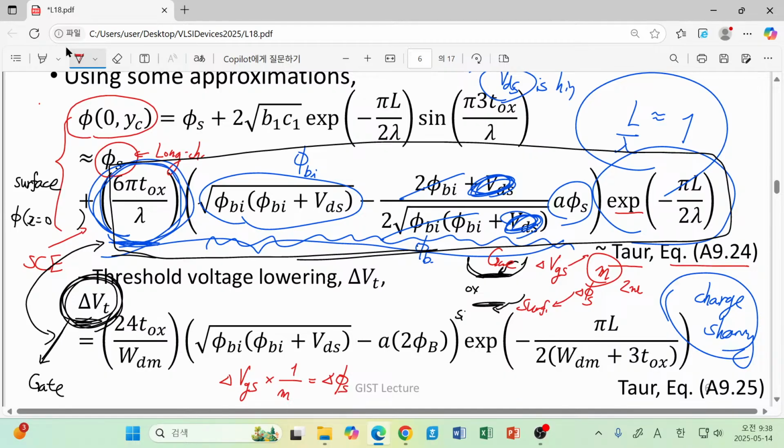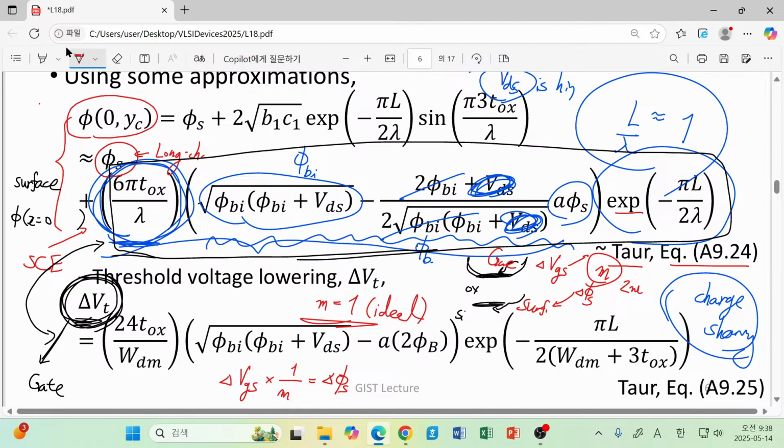In a well-designed transistor, this number m should be quite close to the usual number of 1. That is our goal, that is eventually the ideal case.